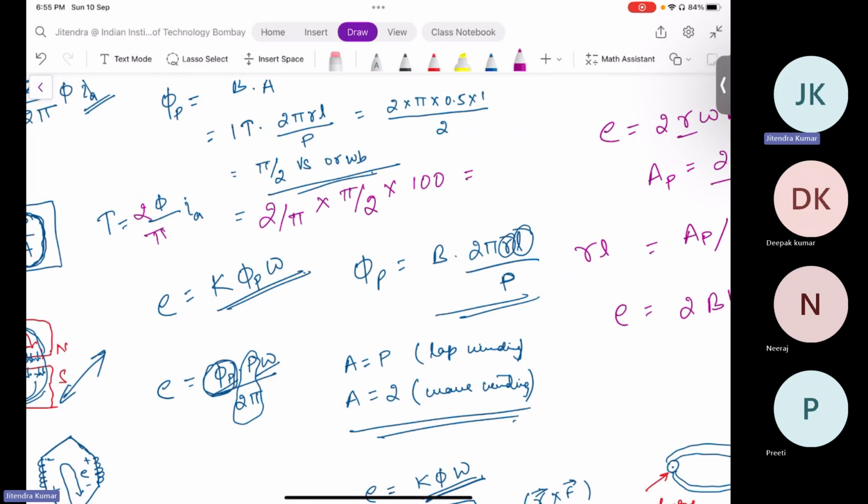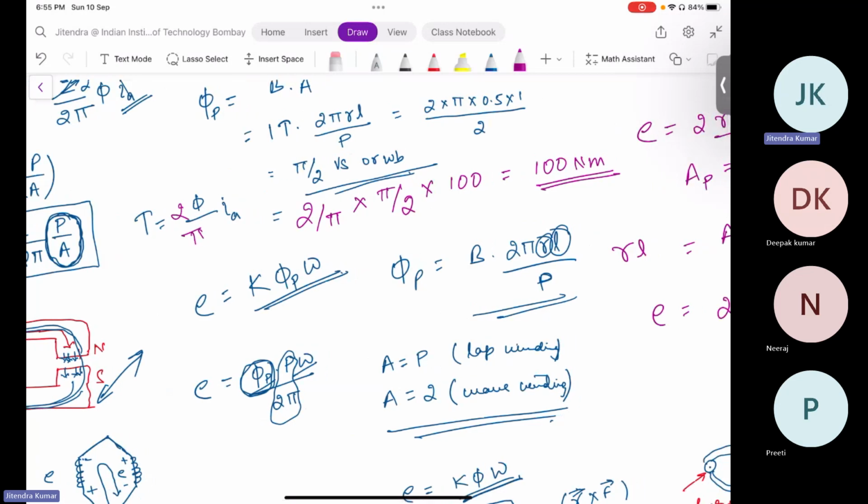So it is coming out to be 100 Newton meter, not 400 Newton meter. And this should be the highest value, right? If you have any doubt how this 2 by pi came, earlier I made a mistake. I wrote 1 by 2 pi instead of 2 by pi. So it should be 2 by pi.